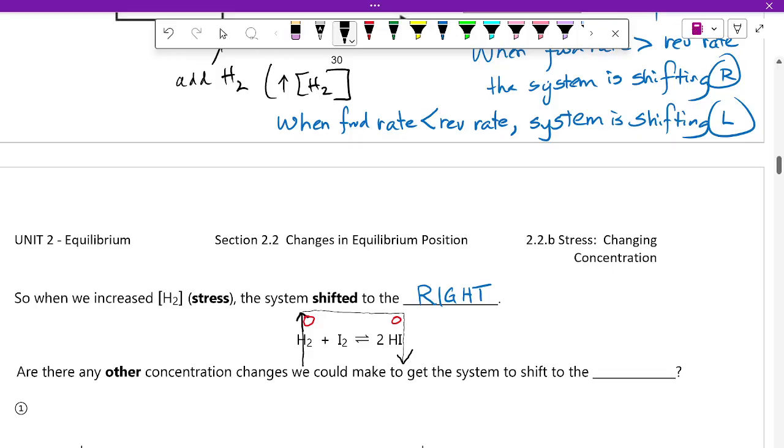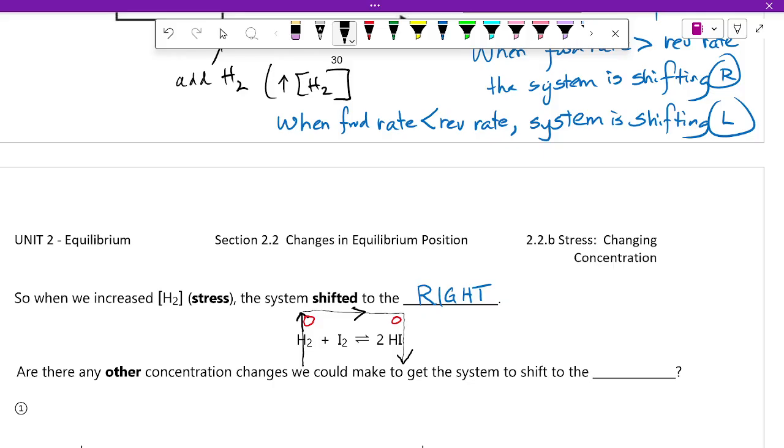Which would mean that the rope on top is going which direction? It's going to the right, which means that when I increase H2, the system shifts to the right.